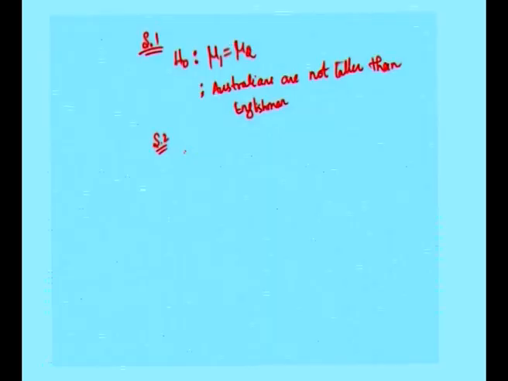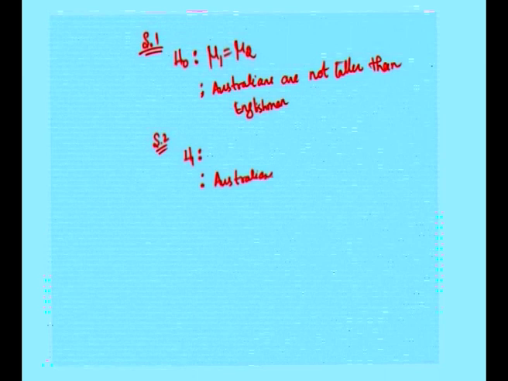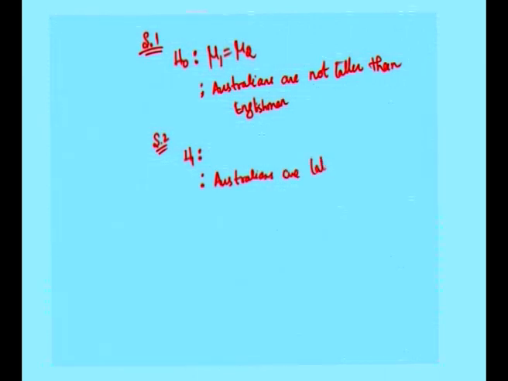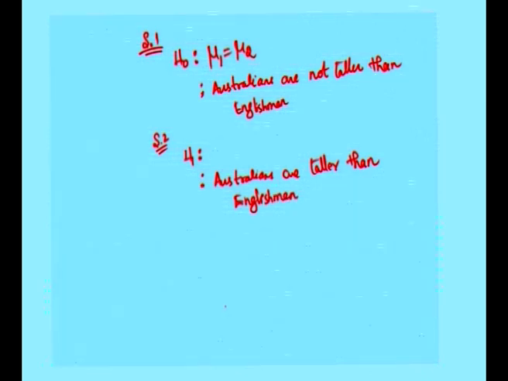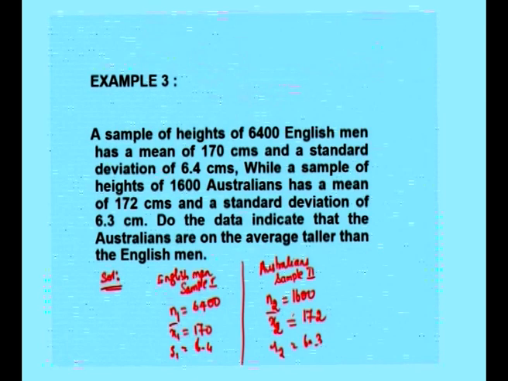So, step 2, H1, I will use the notation later. First, let me write in words. Australians are taller than Englishmen. Australians are represented as sample 2 and Englishmen are represented as sample 1.